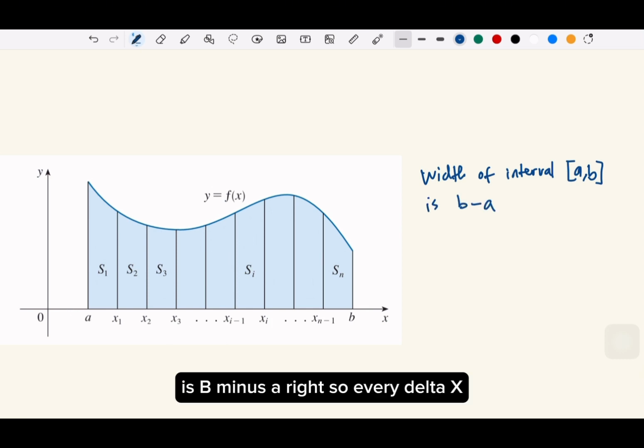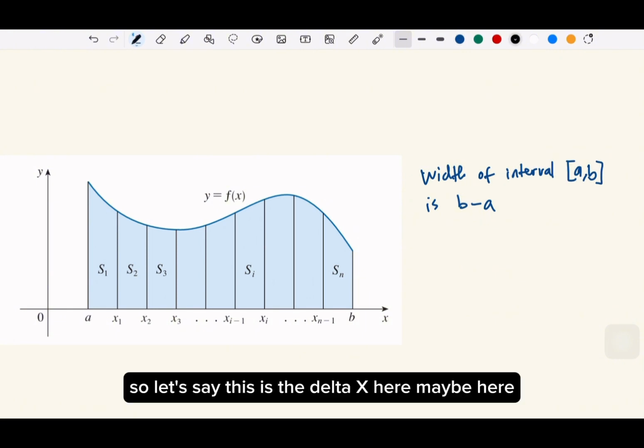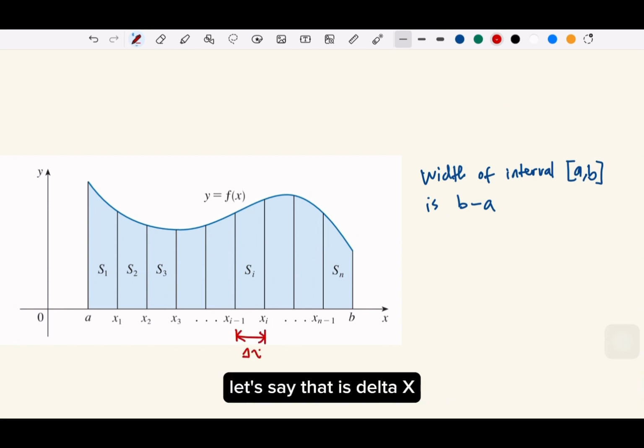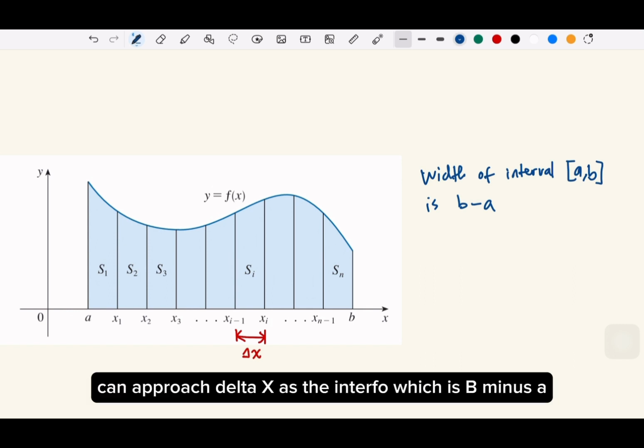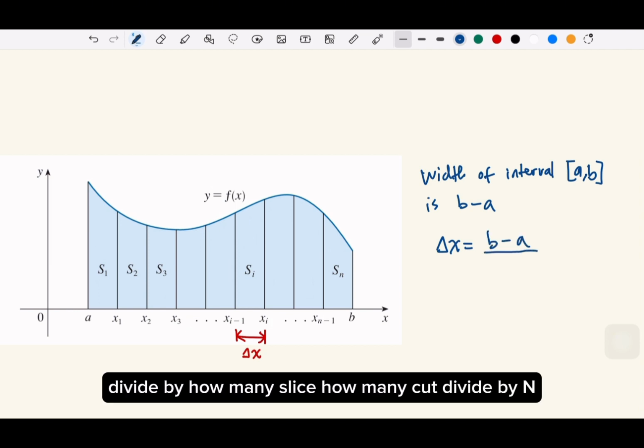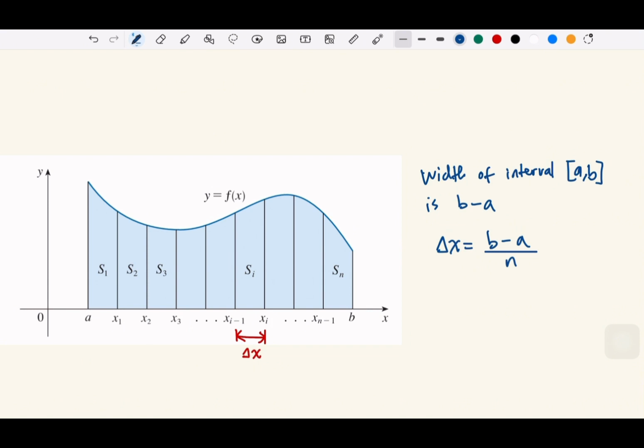Every delta x, let's say this is the delta x here, we can approach as the interval, which is b minus a, the width, divided by how many slices, how many cuts, divided by n.